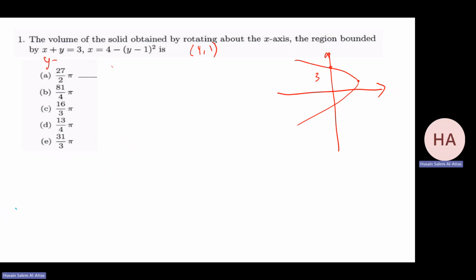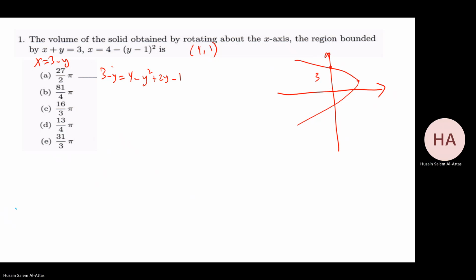I have y equals 3 minus x. So 3 minus x, I have 3. I have x equals 3 minus y. So I have 3 minus y equal 4 minus y squared plus 2y minus 1.